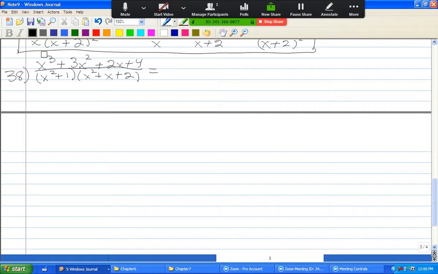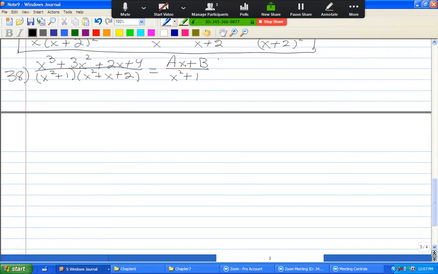So this is the type that I can use my partial fractions on. Now, x squared plus 1 is irreducible over reals. So it should look like something over x squared plus 1. But notice this is of degree 2. So my numerator should be of degree 1.